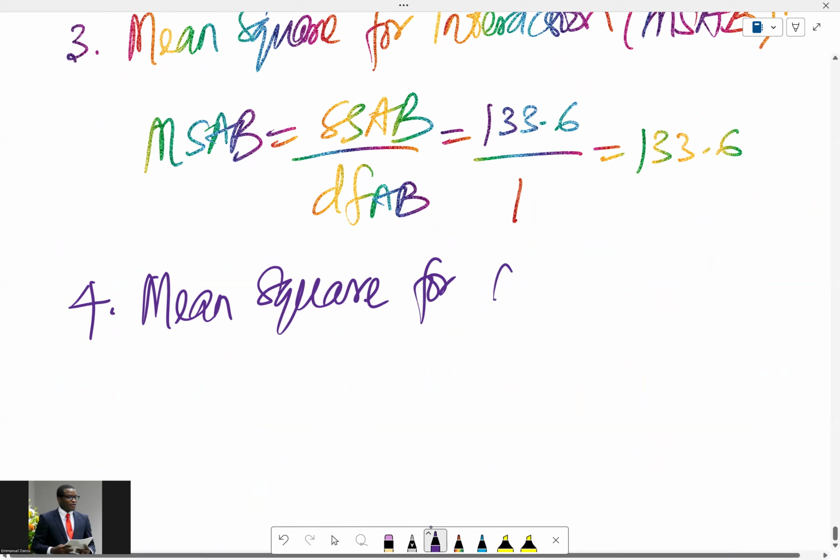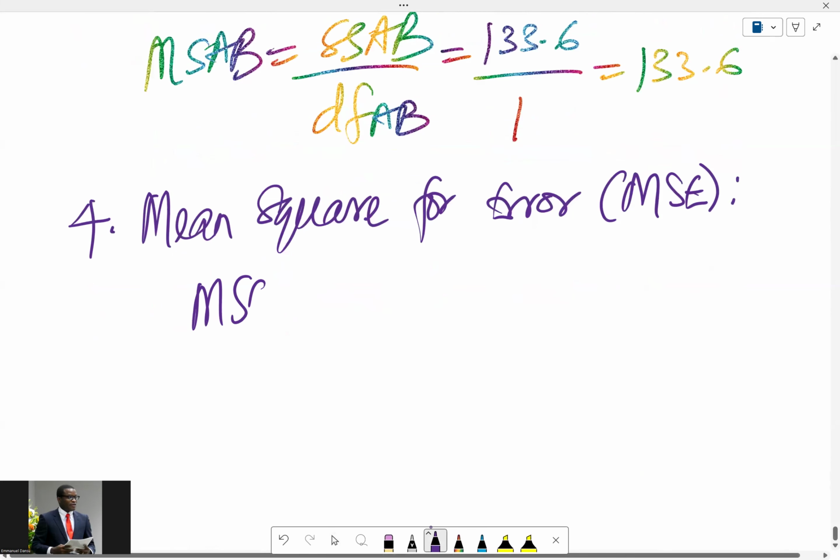Then we go to step 4, mean square for error, that is MSE. MSE is equal to the sum of squares for error divided by degrees of freedom for error.